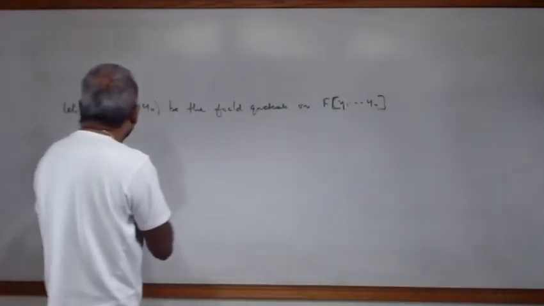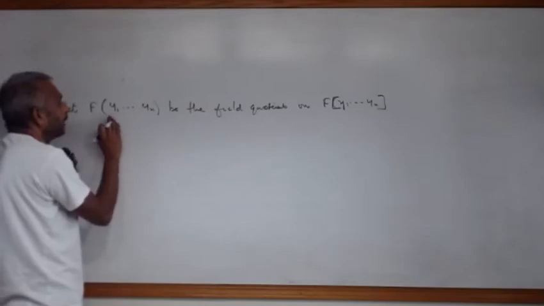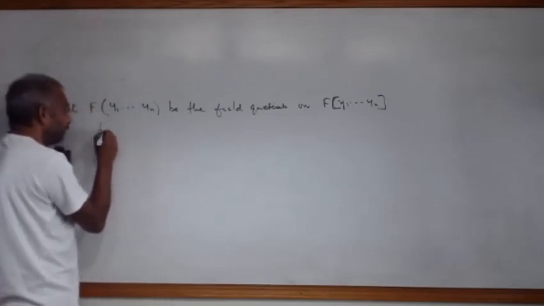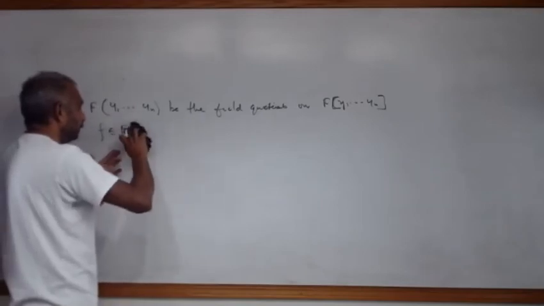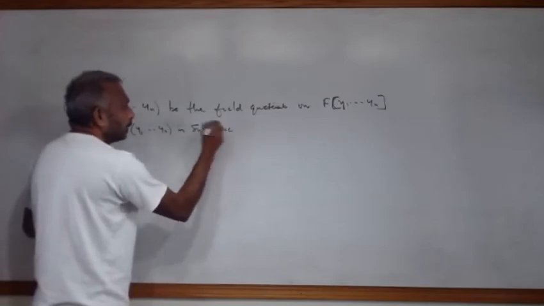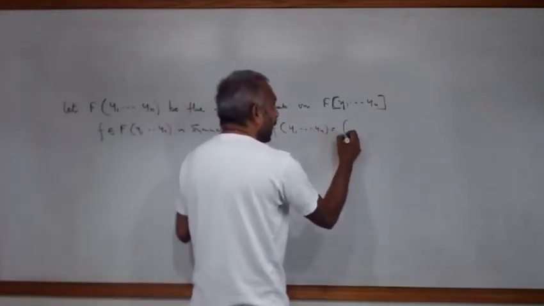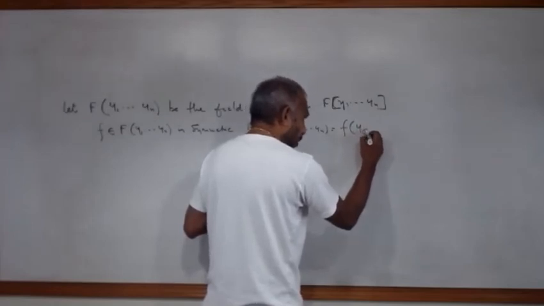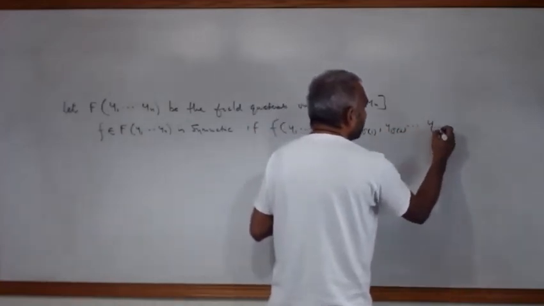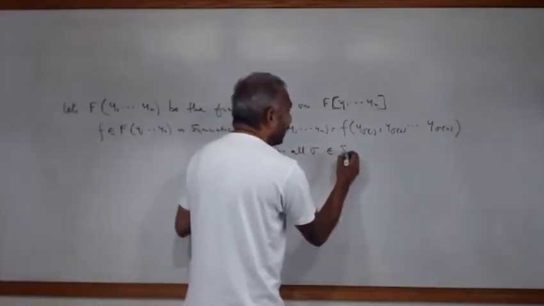So when do you say an element in this field is a symmetric function? f belonging to F(y1, ..., yn) is symmetric if f of y1, ..., yn is equal to f of y sigma of 1, y sigma of 2, ..., y sigma of n for all sigma in Sn.